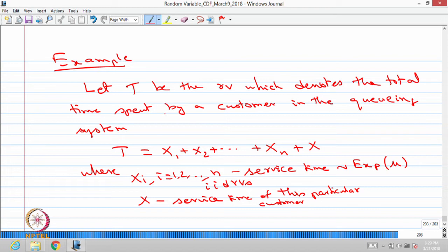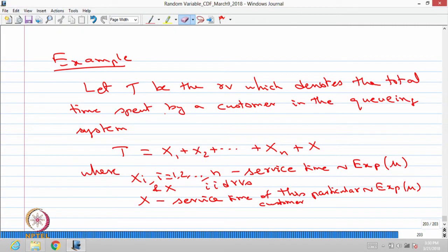Therefore, all the xi's and X are independent random variables. This also follows an exponential distribution with the parameter mu. I am just giving another label for X to say that it is his own service time. Therefore, the capital T is going to be a random sum, because you never know how many customers are going to be before him when he enters into the system.